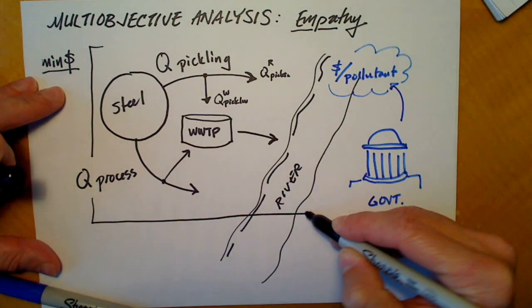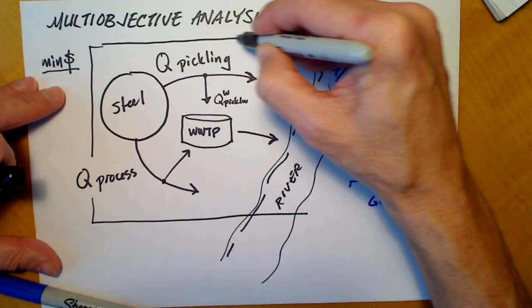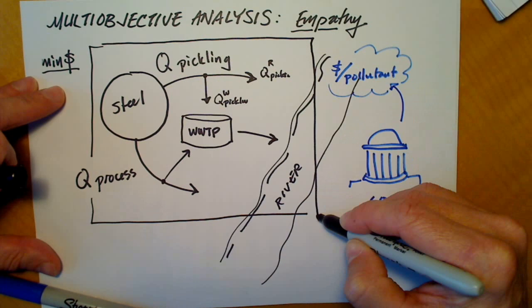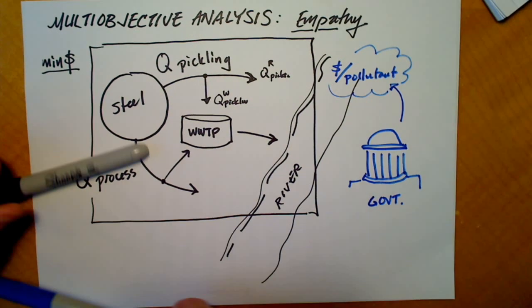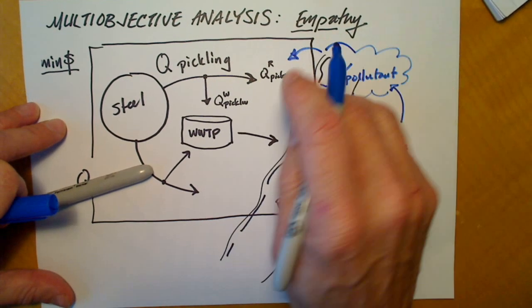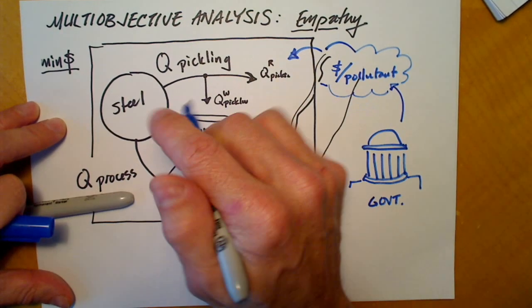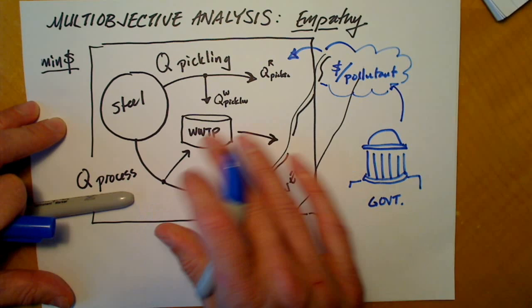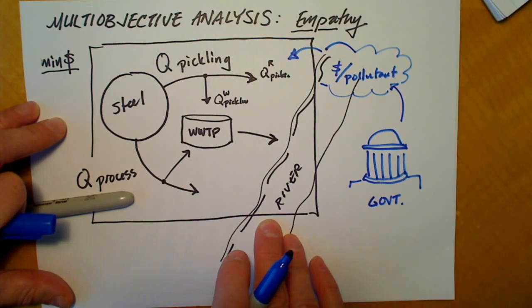Notice that the boundary for the steel plant works like this. They get a parameter from the local government. They use that parameter in their own model to figure out how to minimize their costs without violating their discharge permit.